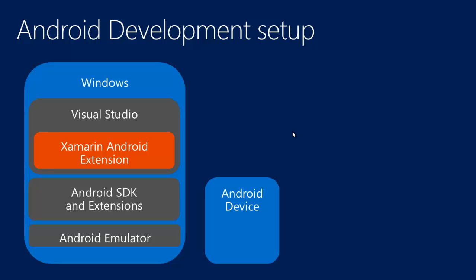We're using the Xamarin Android extension this time, which allows us to do the development inside of Visual Studio as well, and then has an inbuilt SDK manager and emulator manager as well, so we can set up all various sorts of configurations.